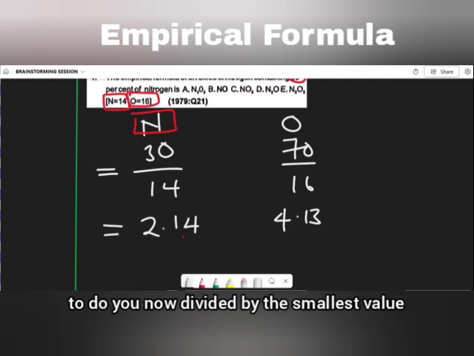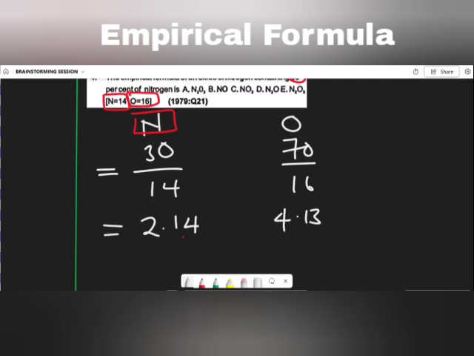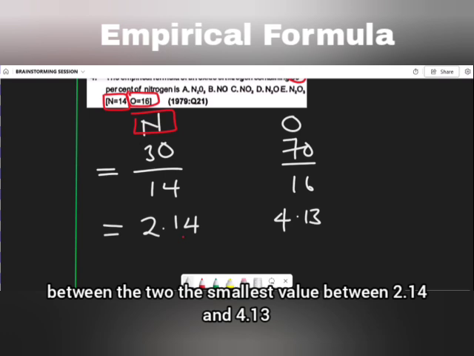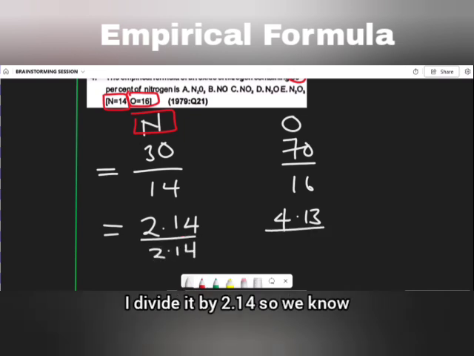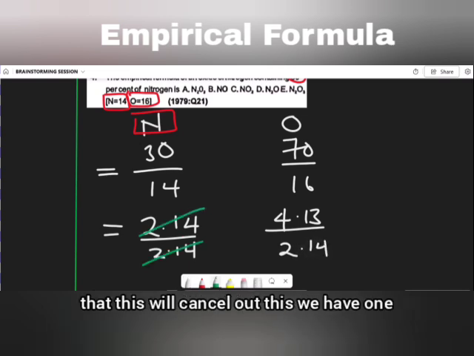Now that we have divided each element by its atomic mass, the next thing to do is divide by the smallest value between the two. The smallest value between 2.14 and 4.13 is 2.14. So I divide both sides by 2.14. This cancels out and we have 1.